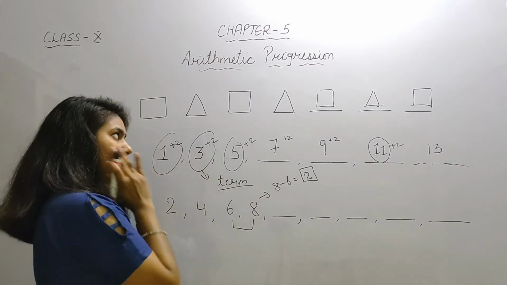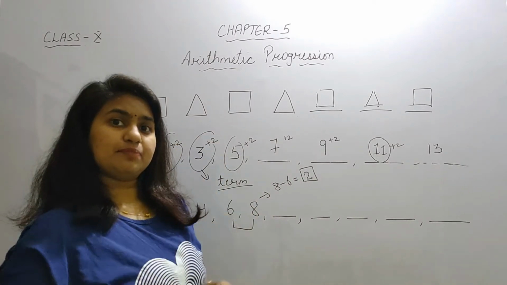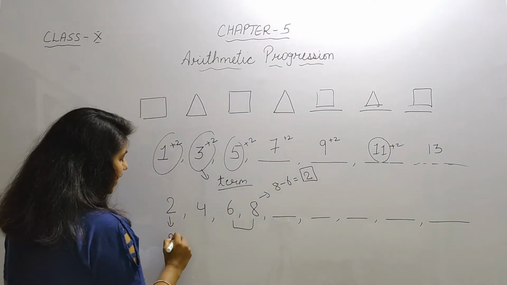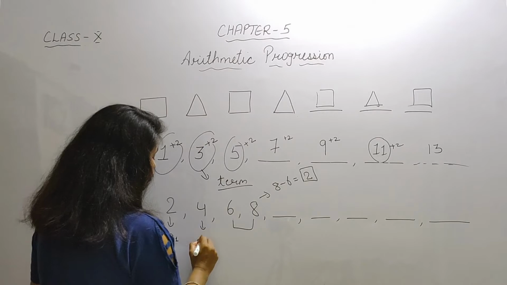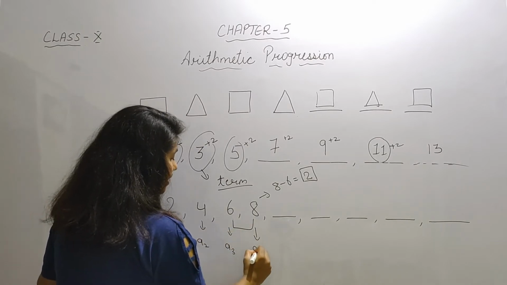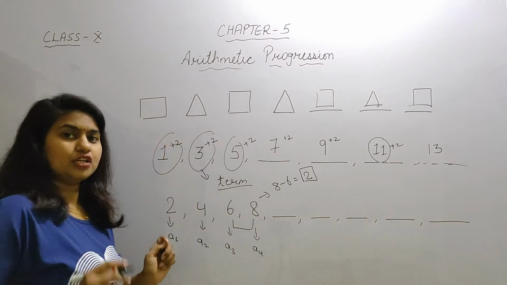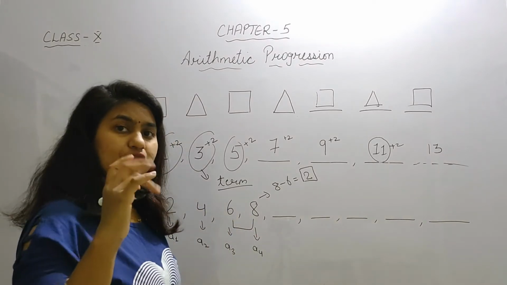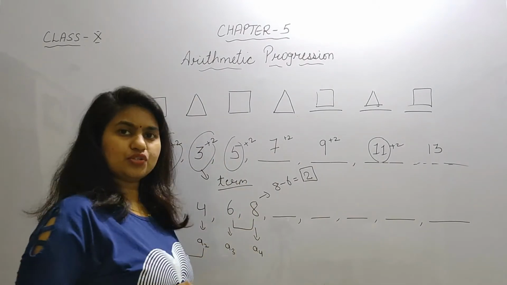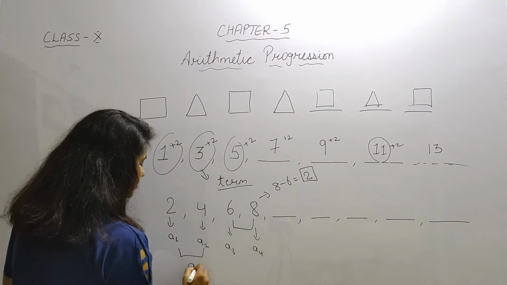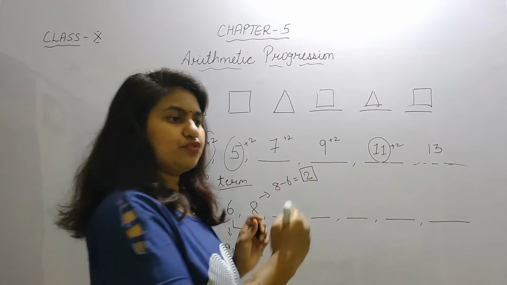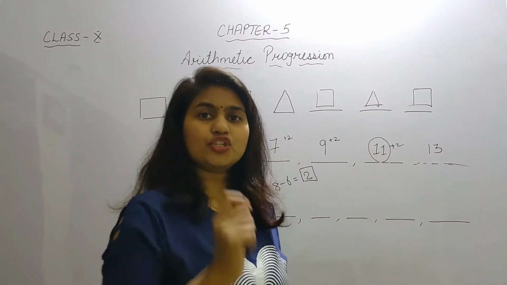So this is how you will find the fixed number. If I talk in arithmetic progression language, the first number will always be denoted with A1, then A2, A3, and A4. To find the fixed number, I will subtract two consecutive terms, A2 minus A1, and make sure the differences between the terms are equal.